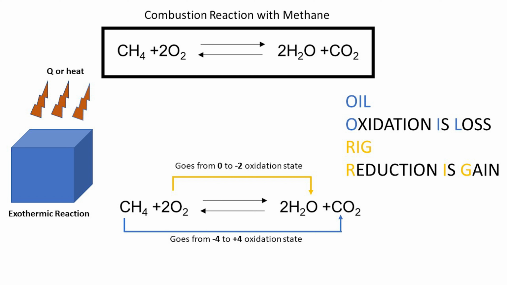Therefore, the carbon will have a +4 oxidation state in the products, and so carbon was oxidized. Oxygen in the reactants has a 0 oxidation state, but in the products it has a -2 oxidation state in both H2O and CO2, and therefore it was reduced. Finally, because carbon was oxidized by oxygen, oxygen is the oxidizing agent. And since oxygen was reduced by carbon, then the carbon is the reducing agent.